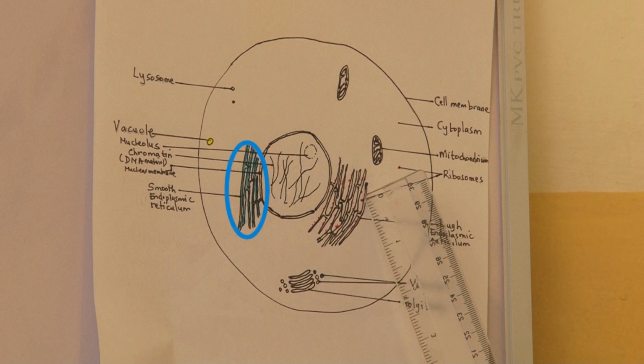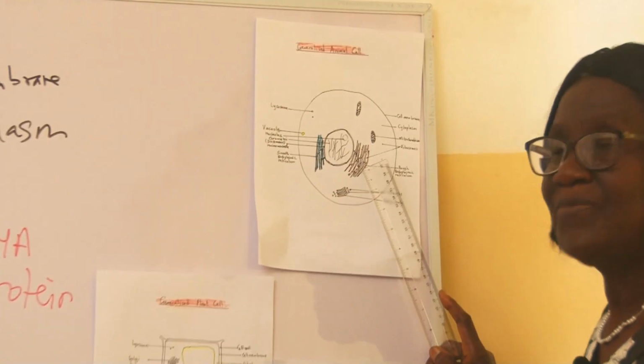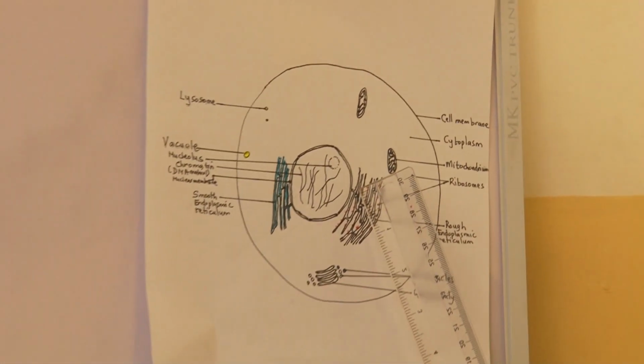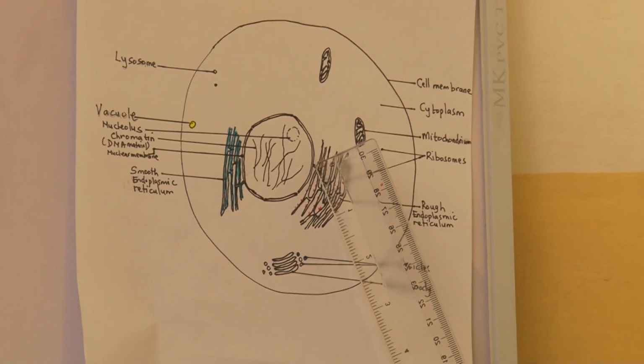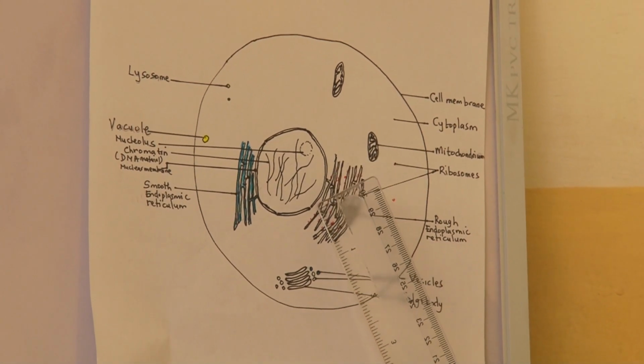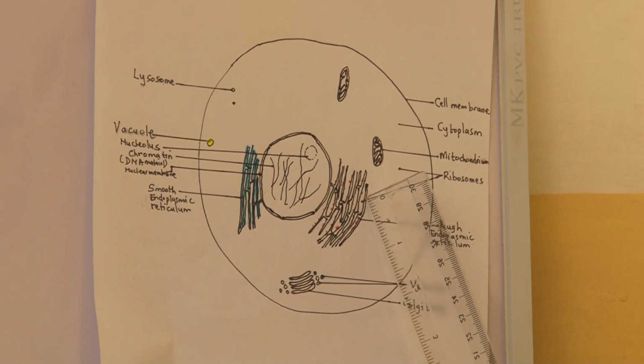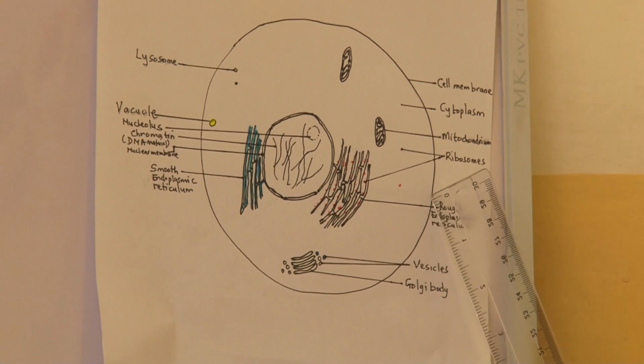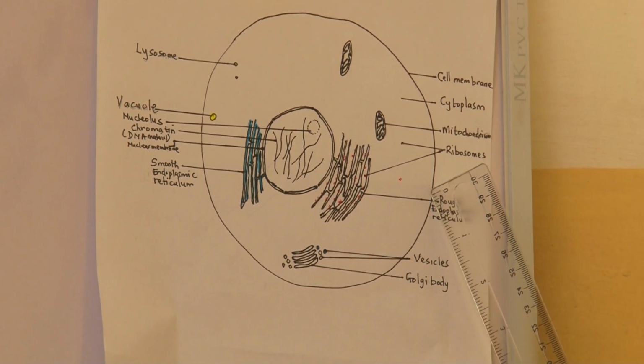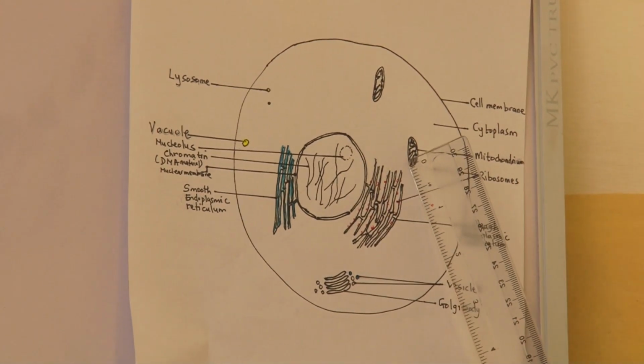The smooth endoplasmic reticulum, the channels, do not have any ribosomes, but the rough endoplasmic reticulum have ribosomes stuck on their outer surfaces. And part of it, if it's an animal cell, the channel can be connected to the nuclear membrane. Sometimes and often, the channels are also connected to the cell membrane and also to other organelles.